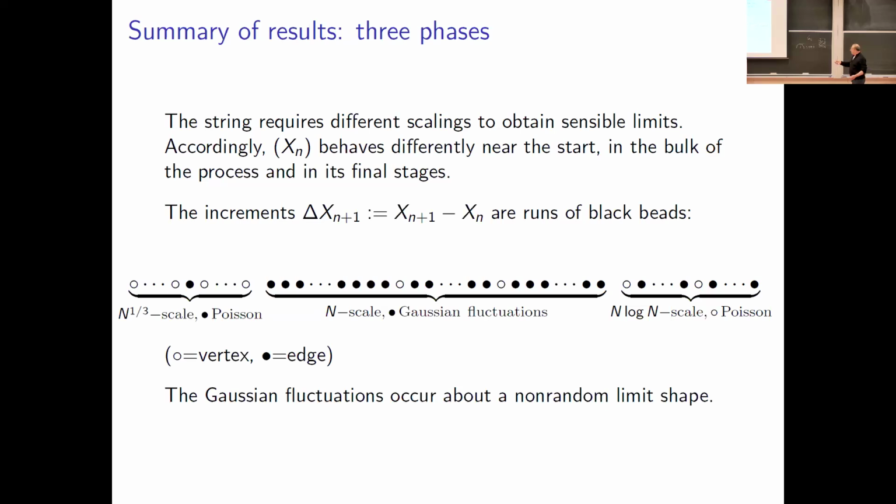Okay, so these runs of black beads will be linear in n. And this is, of course, the most interesting part of the process, which leads to certain shape for the process approximating the number of vertices, and the fluctuations about this deterministic shape will follow certain Gaussian diffusion, which I will describe later.